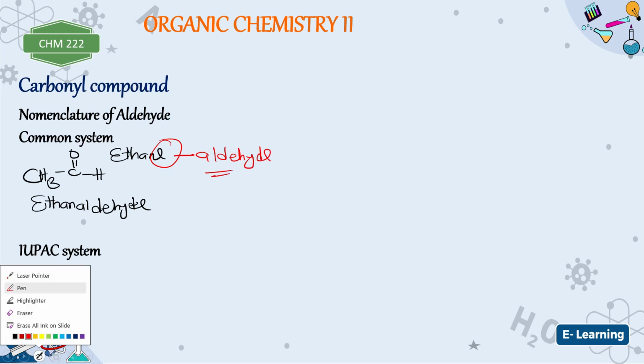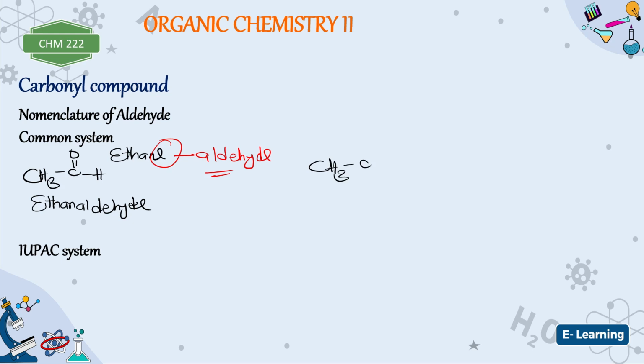Now the next one we are going to look at is something like this: CH3, CH2, C double bond O, H. Now this one is called propione aldehyde. Normally you call it propane, but this one you call propione aldehyde.